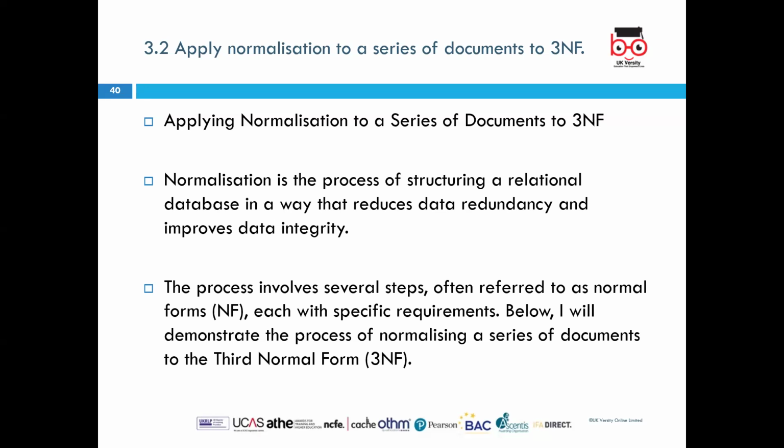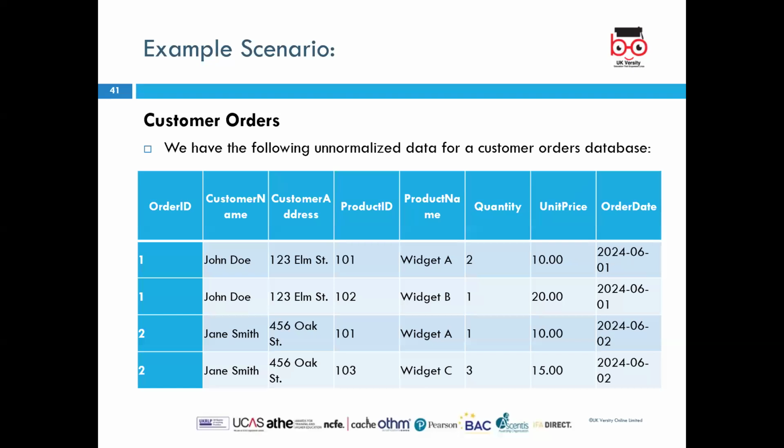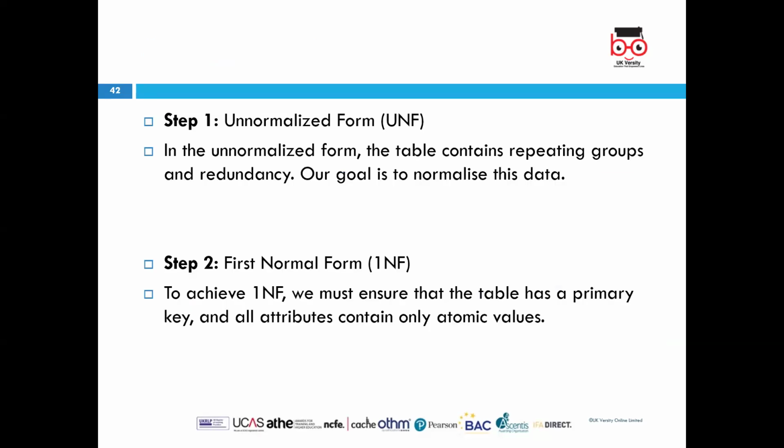So now let's look into third normal form. Here we have an example with the following unnormalized data for the customer database. And here are the steps that we have to follow.